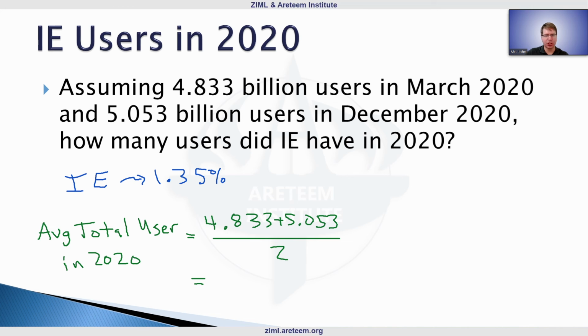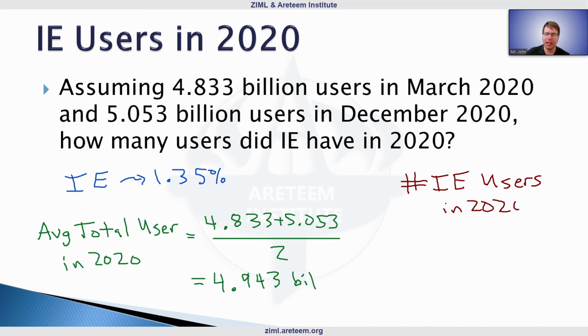These numbers don't change all that much, but we might want to say we have 4.943 billion for that year in this scenario. You can argue about that. Maybe you want to always take the average. Maybe we always want to use towards the end of the year or something. But in this case, let's say we took the average to find some middle ground towards the middle of the year. So, number of Internet Explorer users in 2020.